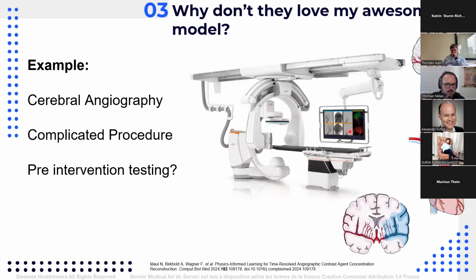I myself was quite impressed last year at a conference by a PhD student from Erlangen, and they looked at a problem which I know from hospital quite well.